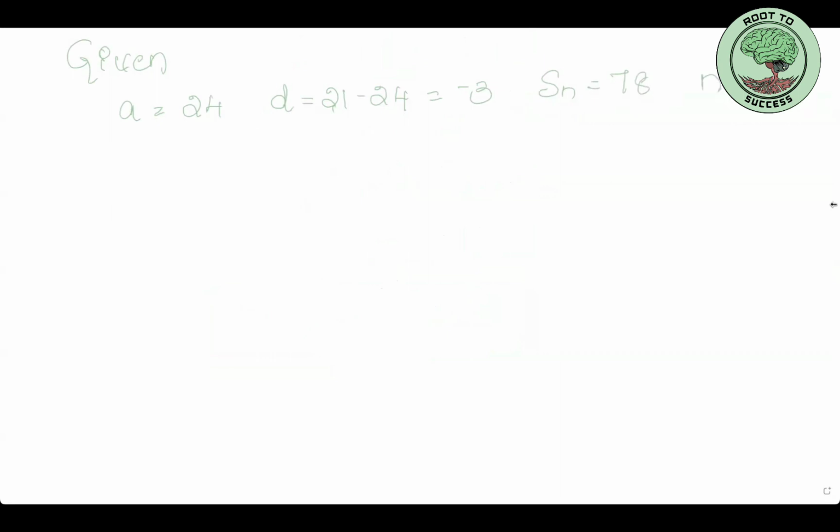So the formula for the sum of the first n terms is Sn will be n by 2 into 2a plus (n minus 1) into d. Sn we already know, that is 78.